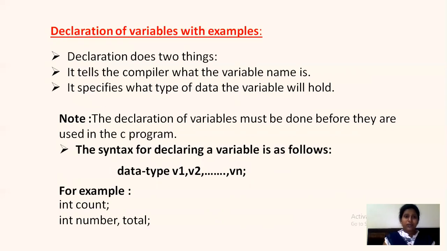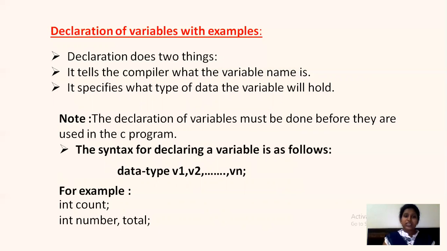So, the declaration of variables with example. We have seen the rules for writing your variable name, then how to declare these variables. See the examples. Declaration does two things. It tells the compiler what the variable name is. It specifies what type of data the variable will hold.